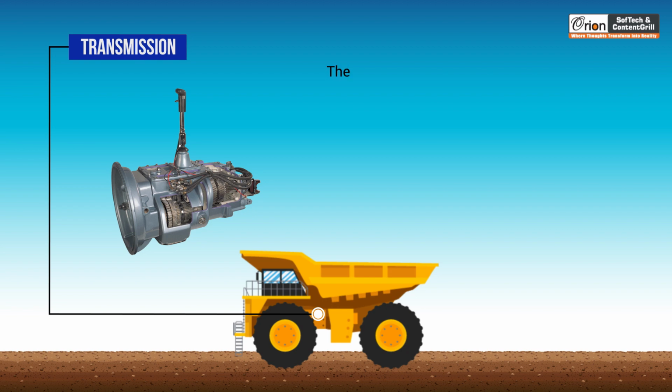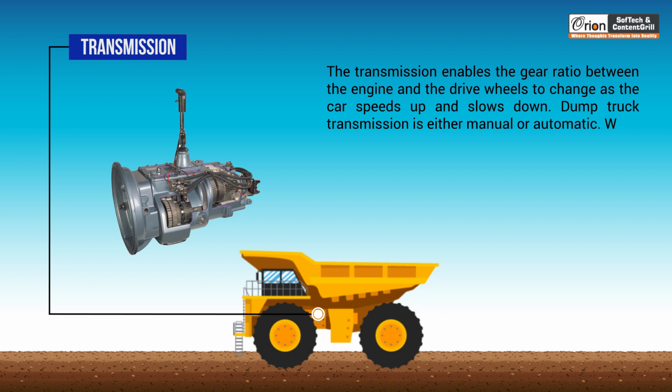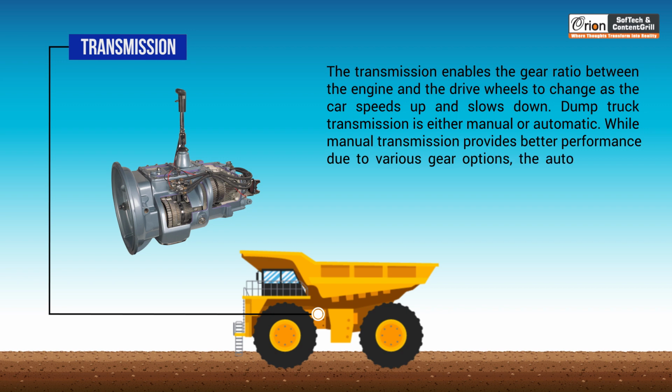Transmission. The transmission enables the gear ratio between the engine and the drive wheels to change as the car speeds up and slows down. Dump truck transmission is either manual or automatic. While manual transmission provides better performance due to various gear options, the automatic one comes with a flexible torque converter.